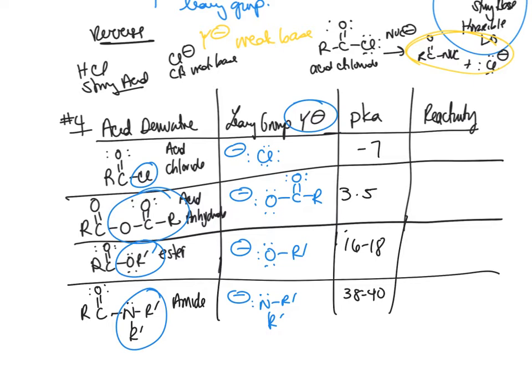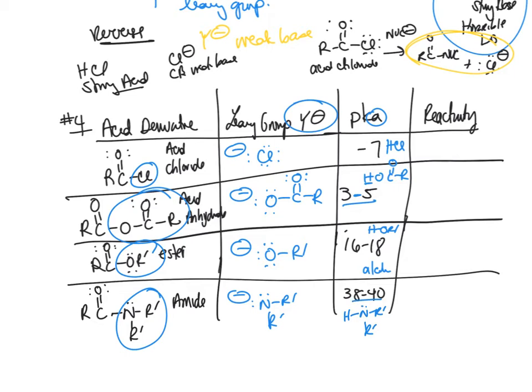Now these pKa values, just so you know, this would be like HCl because it's an acid. This one would be the carboxylic acid, so that proton there, 3 to 5. This one would be your alcohol, so 16 to 18. And this is an amine. So if you have a hydrogen on a nitrogen, it's typically 38 to 40.